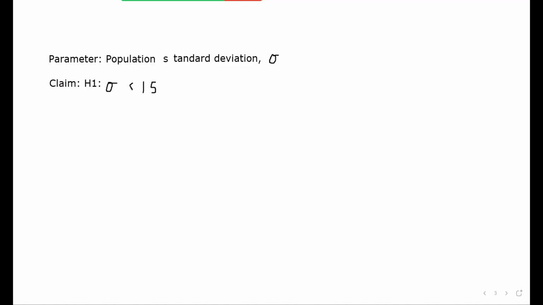Then we're going to write down what approach we have. Since they didn't specifically tell us to use an approach, we're going to do the traditional approach or the traditional method. Okay. If you write traditional approach, traditional method, they're the same thing.